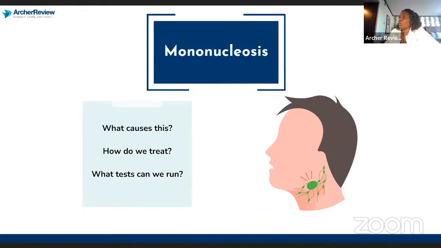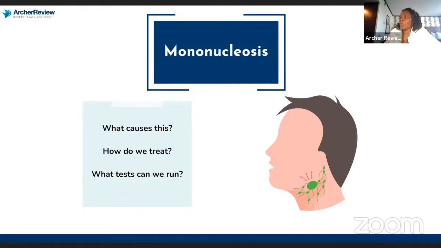With mono, you want to check their CBC to see if it's elevated, and you also want to check for lymphocytes. Something else to monitor is, if their levels are elevated, you want to recheck them to make sure they're normalizing. You may also see elevated LFTs, or liver function tests, which might be elevated for a while when they have mono.